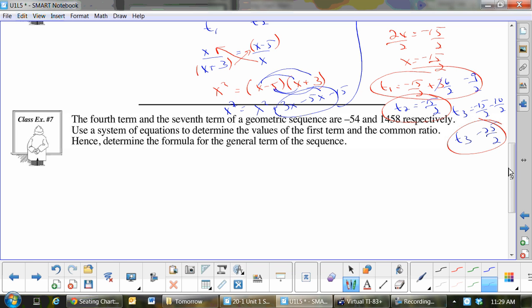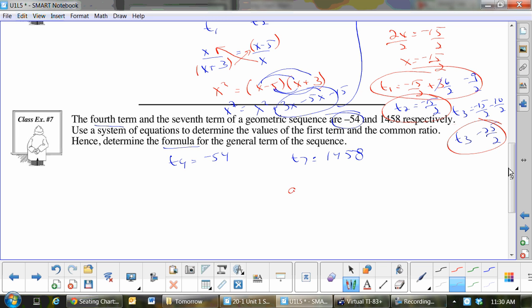Okay? So T4 equals negative 54, and T7 is 1458. It says come up with the formula for this. And it's actually pretty easy. Now, I always do the bigger term on top. So remember the formula AR to the n minus 1, right?